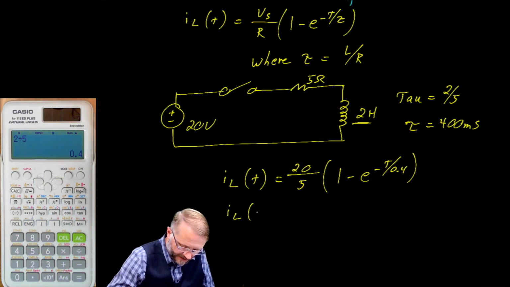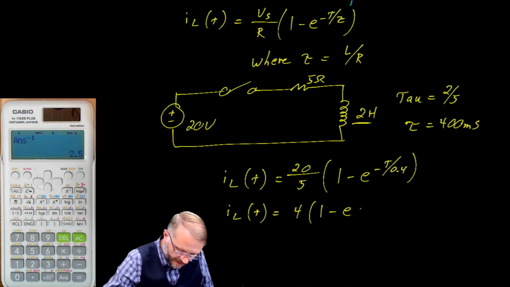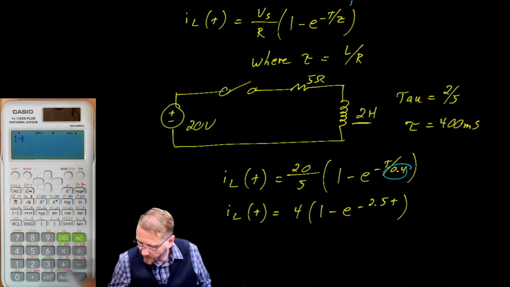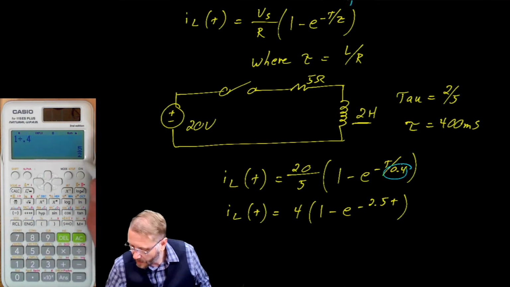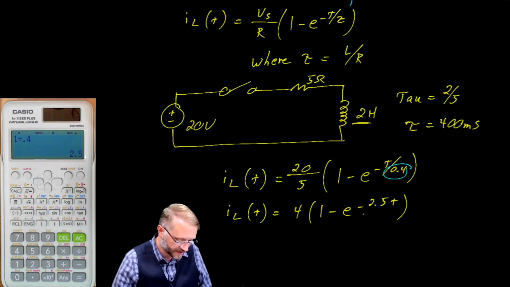Rearranging that, the current on the inductor is equal to 4 times 1 minus e to the negative 2.5t. All we did there was take 1 divided by 0.4, which gives us that 2.5. So we just moved it from downstairs to upstairs.